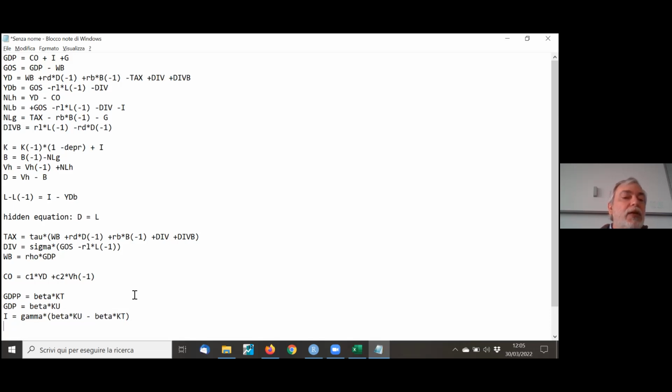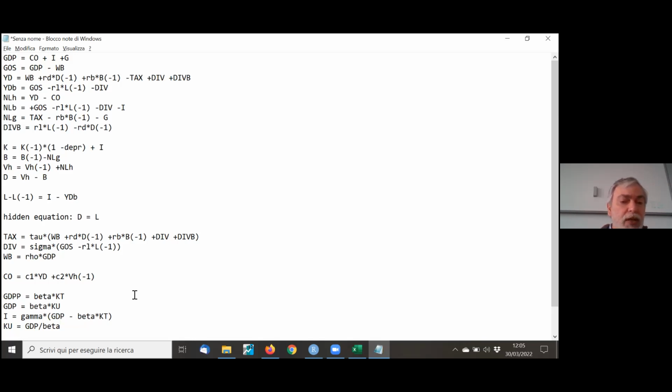So the capital currently used is given by the actual output divided by the so-called capital productivity. And therefore, we can get rid of this KU and only have here GDP, while KT would be the total stock of capital which is available.